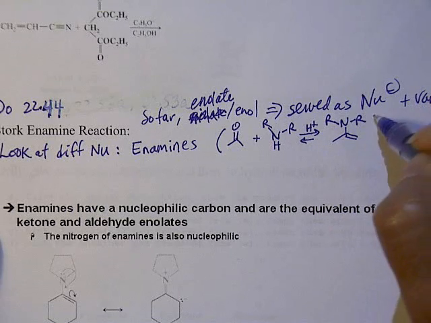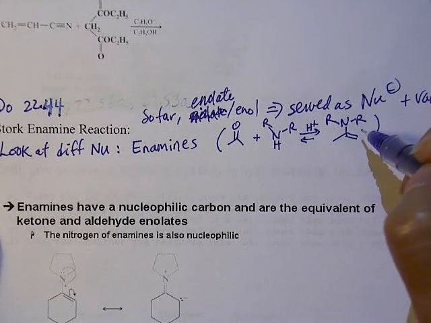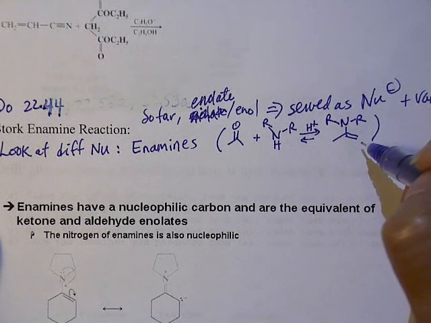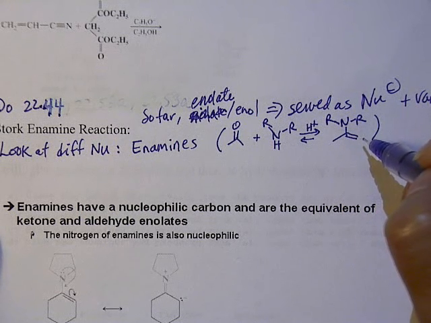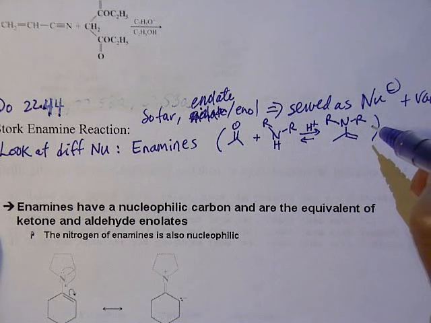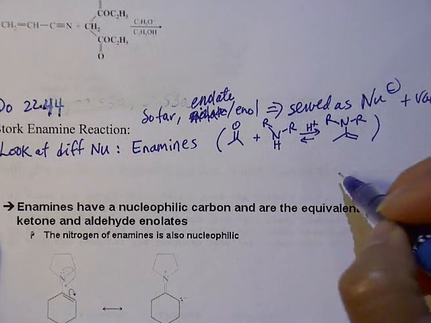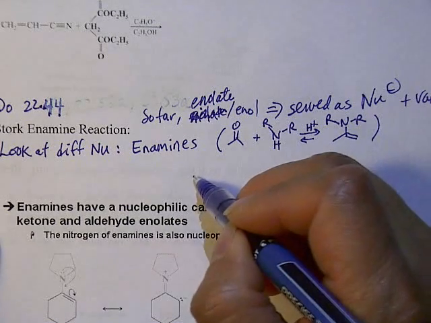And it's an equilibrium process in which when you remove water, you get your enamine as your product. All right, so this is enamine, and what I want you to look at is compare this with enolate or enol.